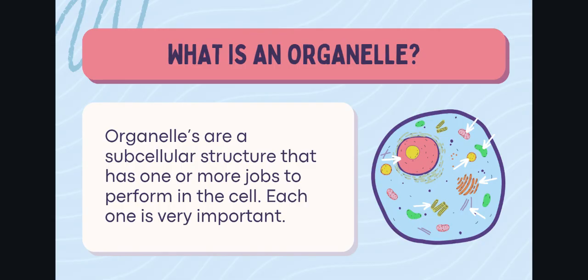A subcellular structure is just a structure that's in the cell. Each cell has a different job to do, and its subcellular structures, aka the organelles, accomplish that job in different ways.